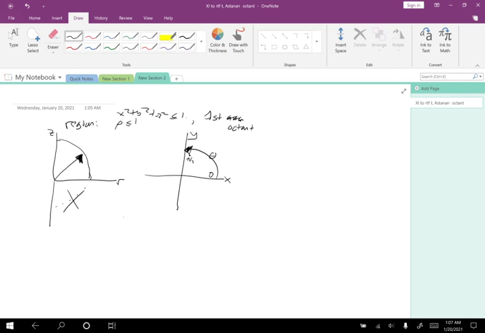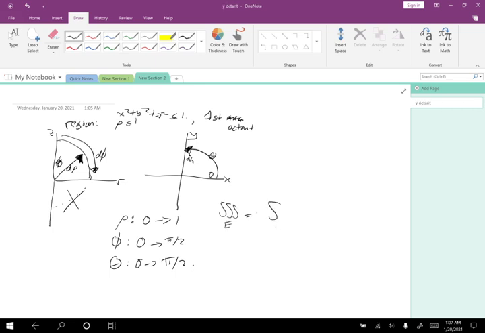Okay, so our rho goes from 0 to 1. Our phi goes from 0 to pi over 2. That ensures we stay in the first octant. And our theta also goes from 0 to pi over 2. Okay, so that means our integral will be, remember, we have constant limits, so we can do it however we want.